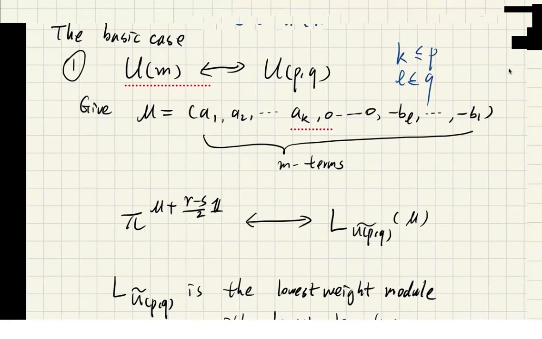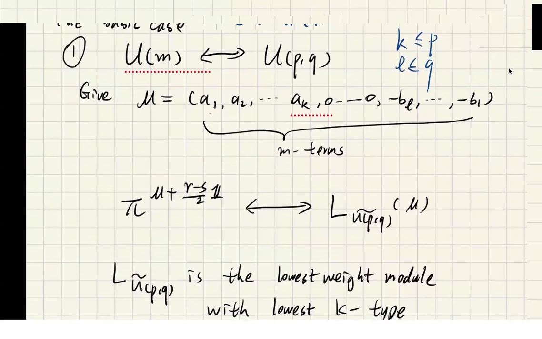Suppose your representation gives you a chain of integers like this, where A1 to AK are all positive integers and B1 to BL are all positive integers, K less than or equal to P and L less than or equal to Q. If I give you this kind of chain of numbers, then you can consider the irreducible representation with highest weight with this kind of shift, where here it should not be RS, but PQ.